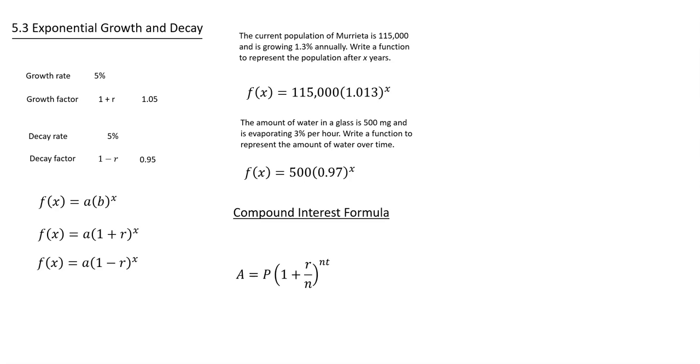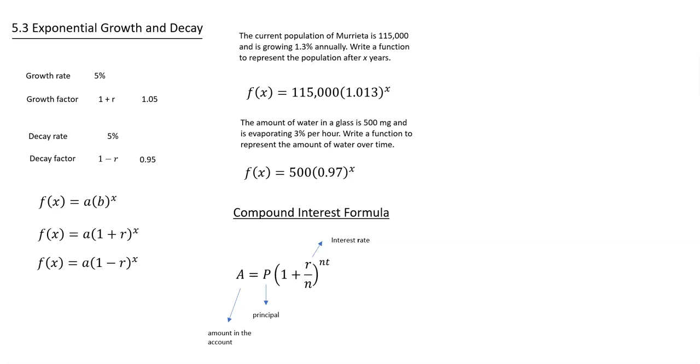So our formula for compound interest is A equals P times 1 plus r over n, to the nt power. A is the amount of money that's in the account at any point in time. P is the principal, which is the initial amount that we invest.